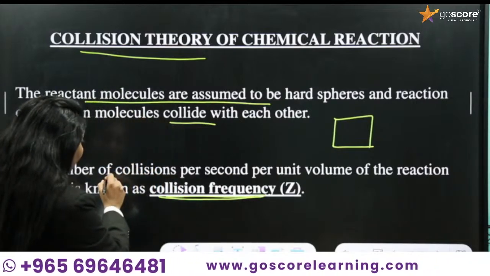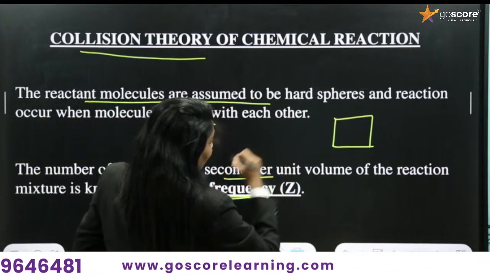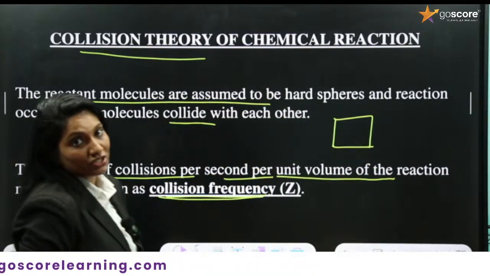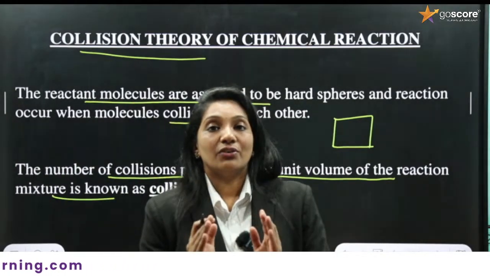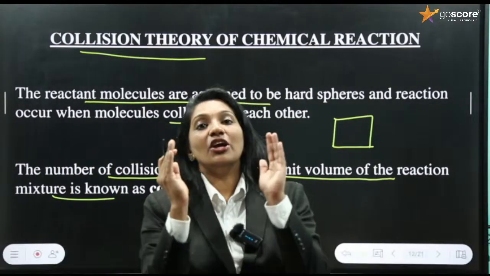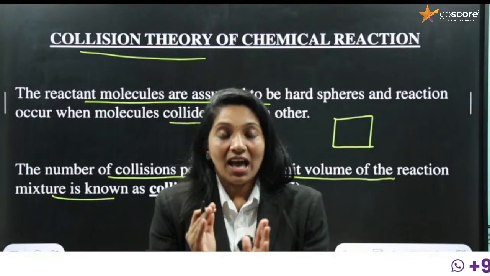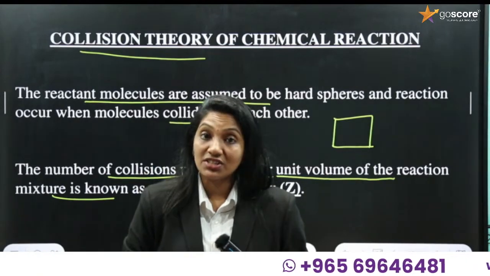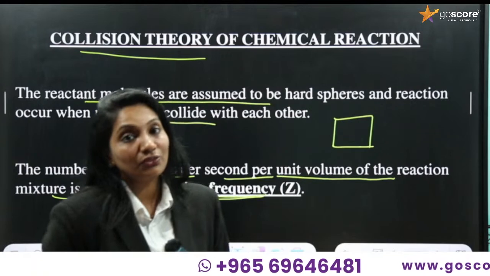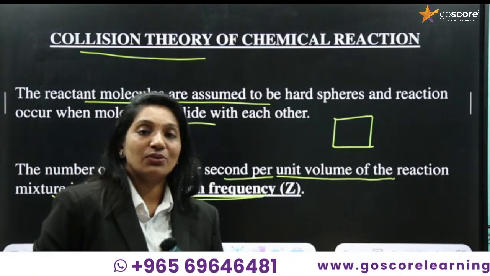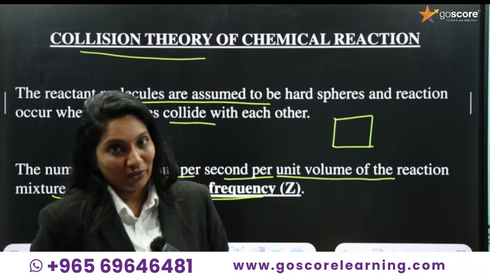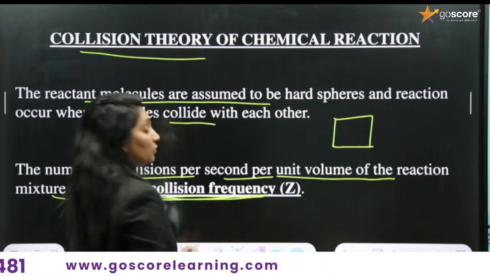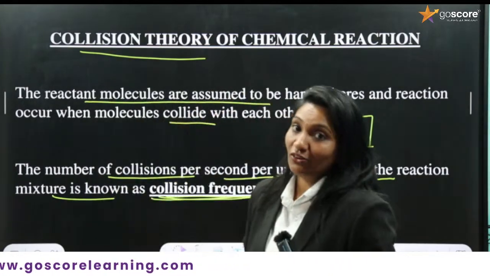The number of collisions per second per unit volume of the reaction mixture is what we call the collision frequency. In the last compartment examination, there was a question to define the collision frequency.